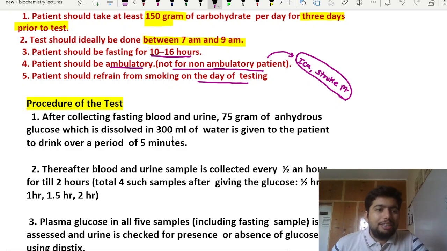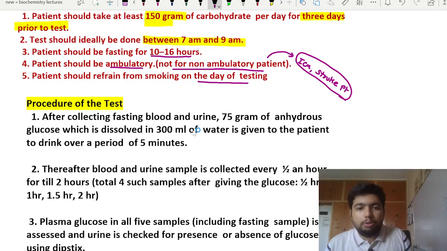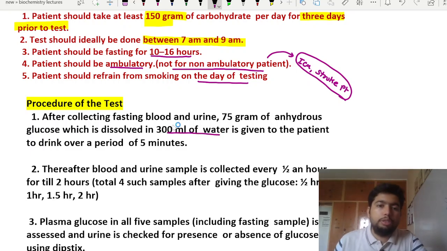The procedure of the test is: after collecting the fasting blood and urine, you give 75 gram of anhydrous glucose dissolved in 300 ml of water. You give this to your patient and tell the patient to drink it over a period of 5 minutes.